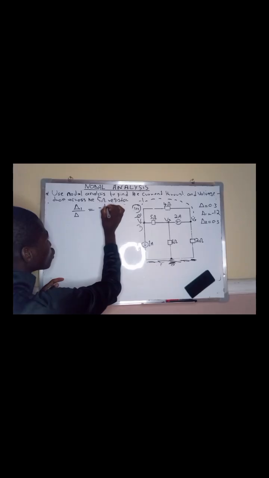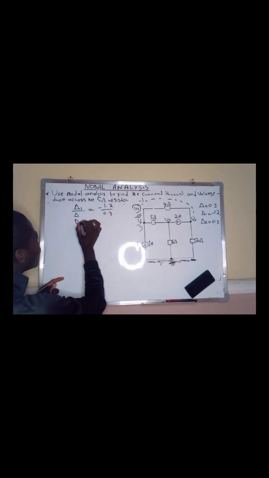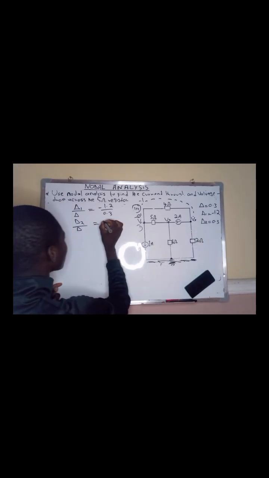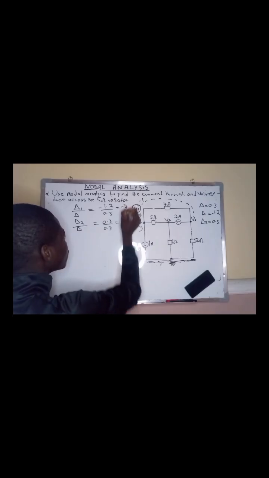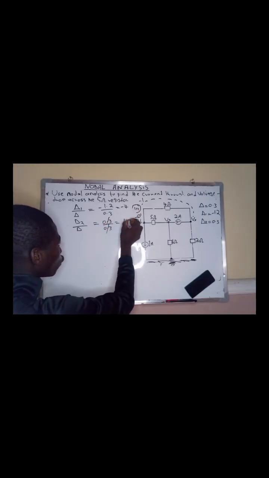Determinant of 1 is minus 1.2 over 0.3. So the second determinant over the normal determinant will be 0.3 over 0.3. So therefore minus 1.2 over 0.3 I'll have negative 4, and therefore 0.3 over 0.3 I'll have 1 voltage.